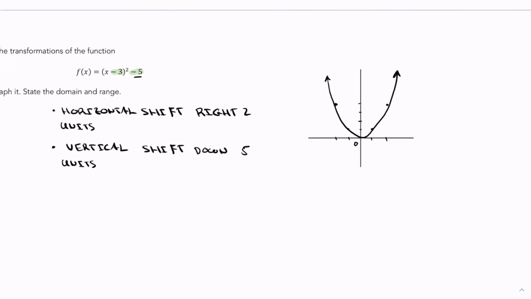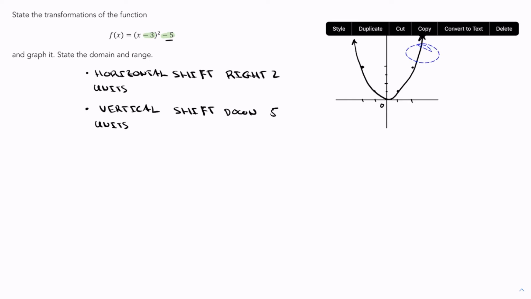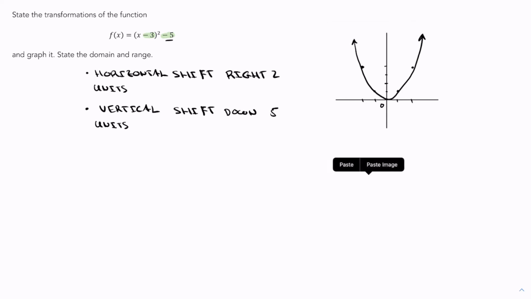So what does my new graph look like? Well, if I'm moving it horizontally, right 3 units and 5 down, let me copy this and just kind of drag it over. So my graph is going to be 3 units right, so 1, 2, 3, and 5 units down.